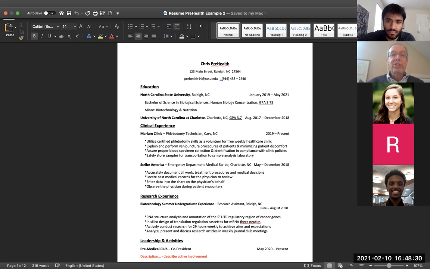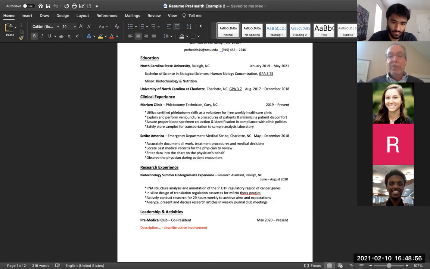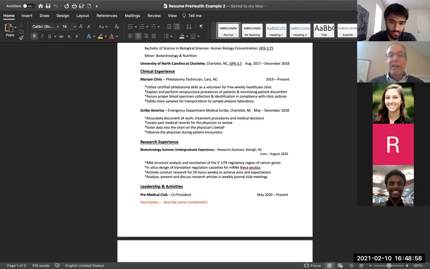Then under education, you wouldn't have to have a space in between the Bachelor of Science and the minor. You could not even have a space underneath North Carolina State, because it's already in bold. It's already going to be set off. So that saves a couple lines there. There's always ways to save lines. Under the research experience, the June to August wouldn't quite fit on the line.